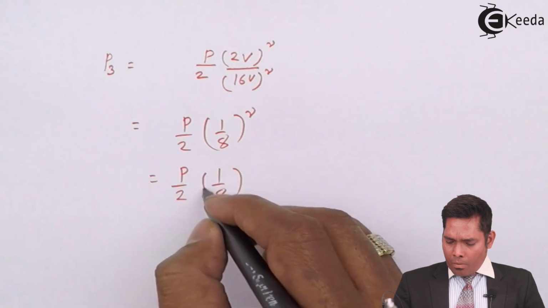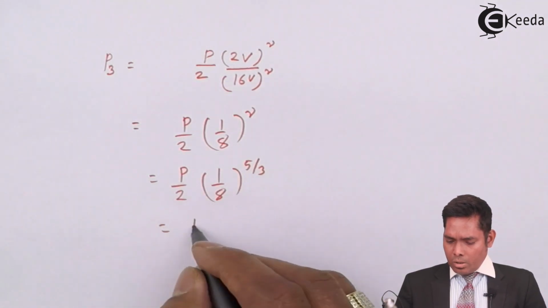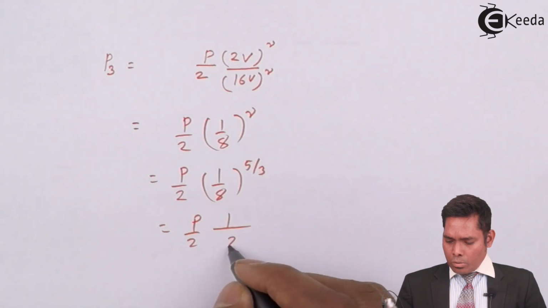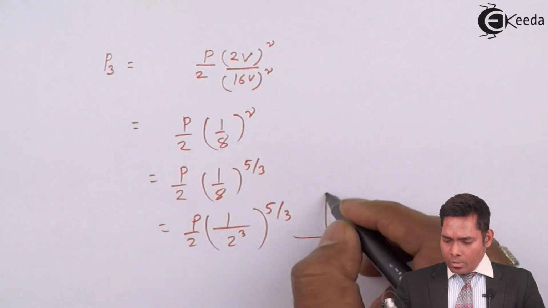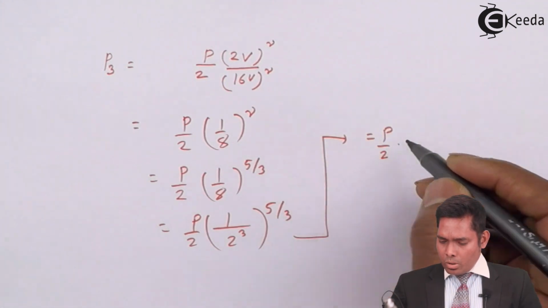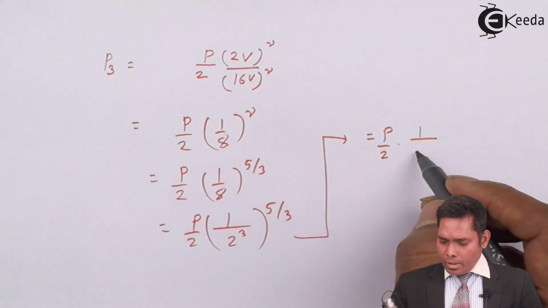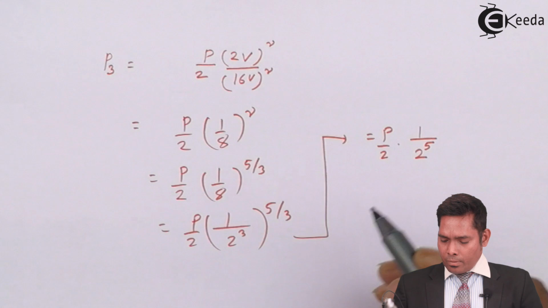V cancels and we get P by 2 times 1 by 8 to the power gamma, that is P by 2 times 1 by 8 to the power 5 over 3. And 8 is 2 to the power 3, so this is 1 divided by 2 to the power 3 to the power 5 by 3, that is 2 to the power 5.